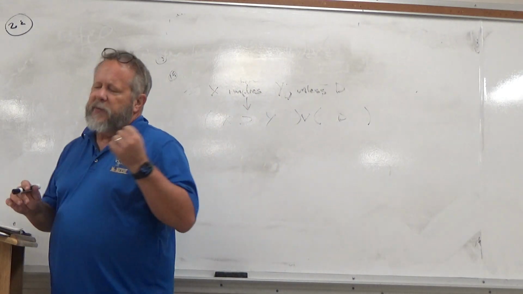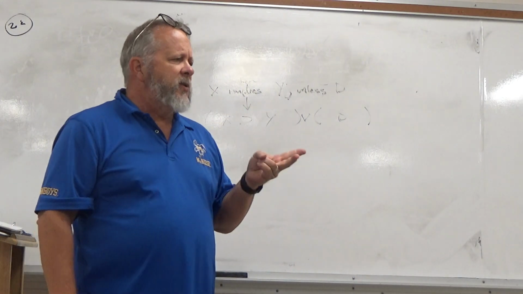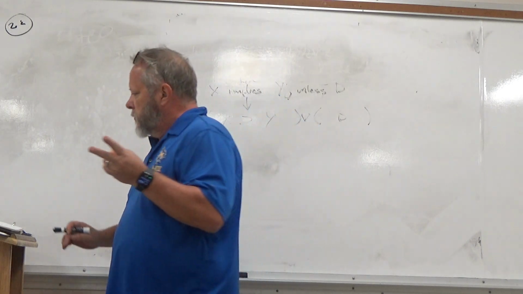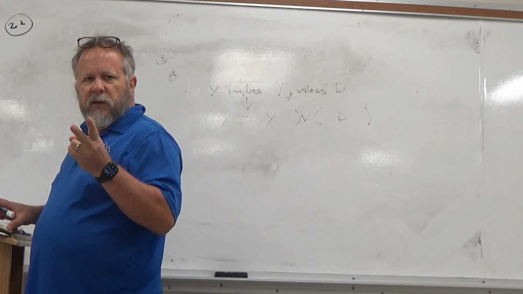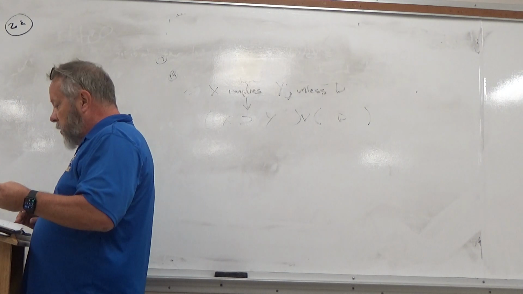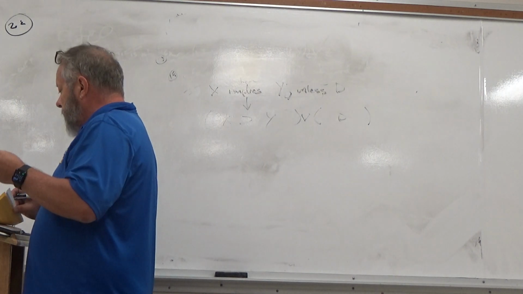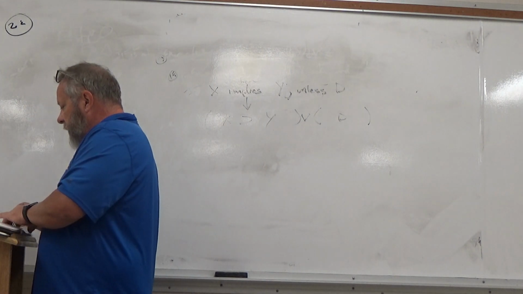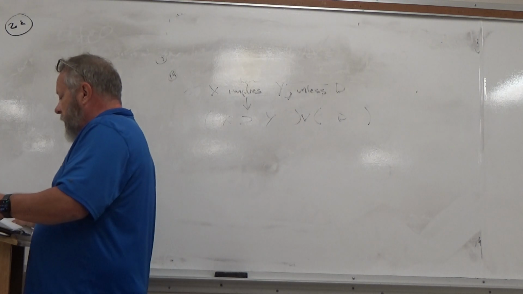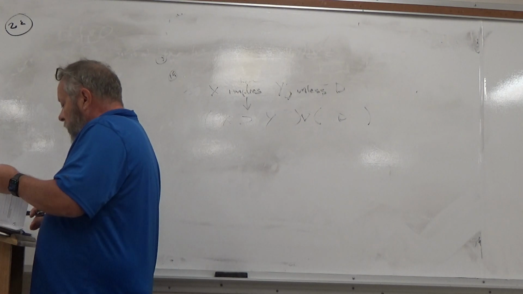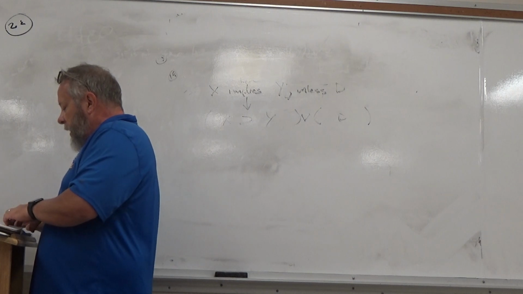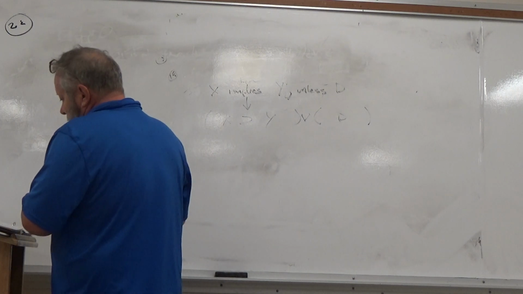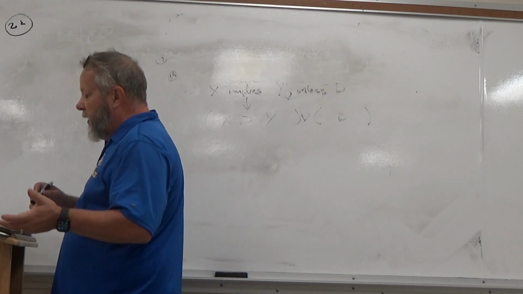Okay, so for the test, you're responsible for section 2.1, 2.2. Did we skip 2.3? Yes. Okay, and 2.4, I had 2.5, which we just did, and 2.6. Okay. Now 2.6 really isn't anything different than 2.5.